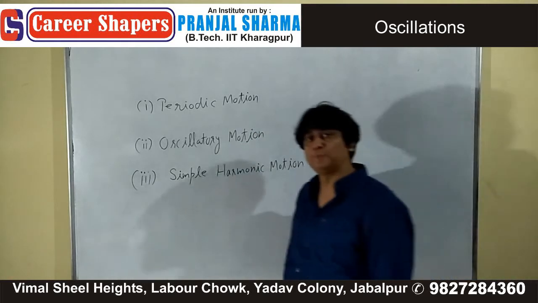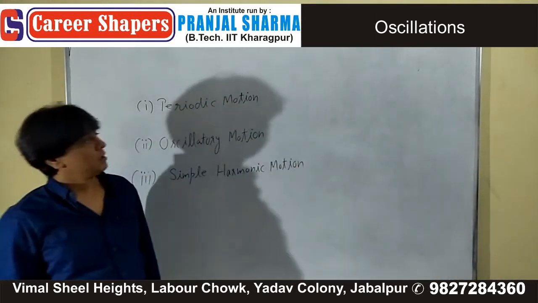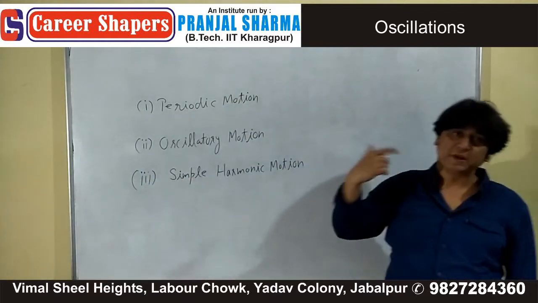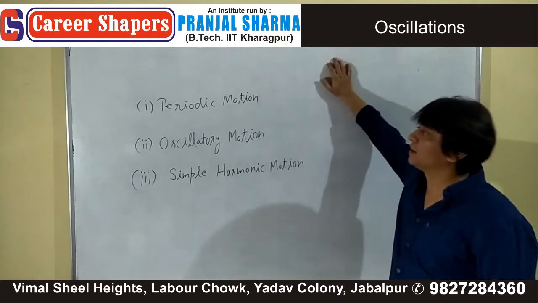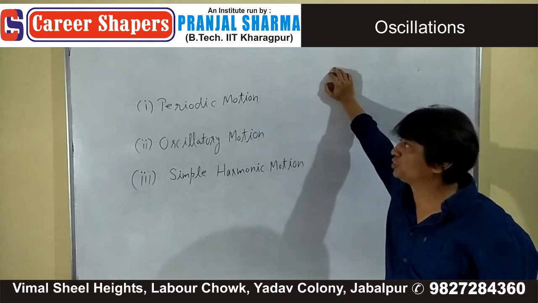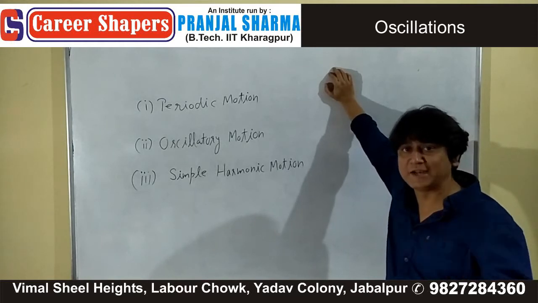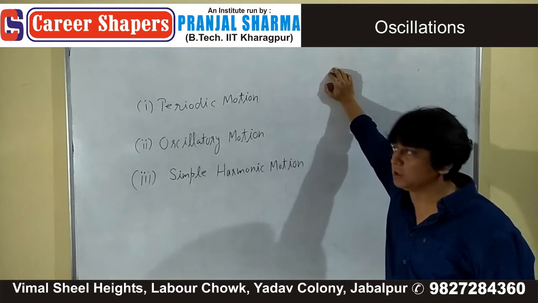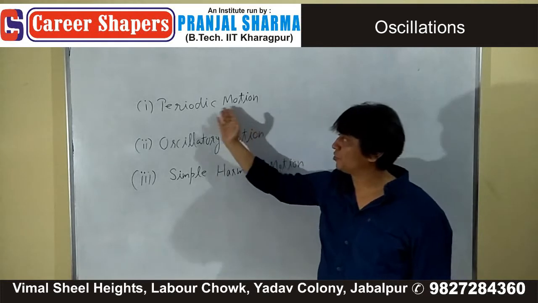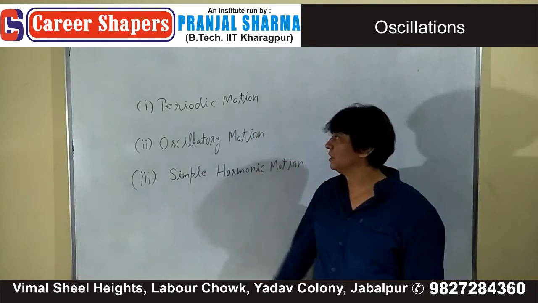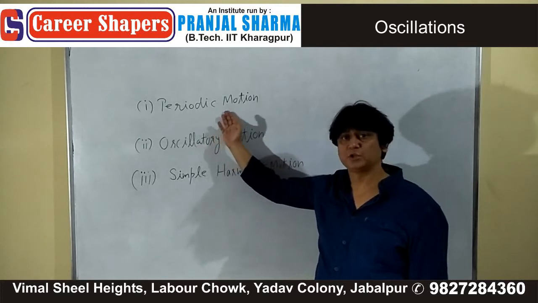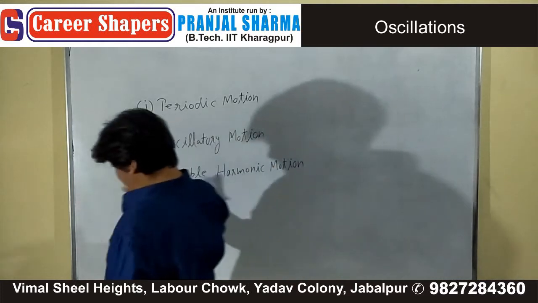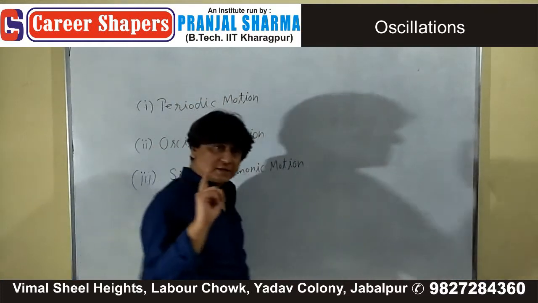When an object moves such that it repeats its motion after a certain time interval, then that type of motion is called periodic motion. And this time interval is called its time period.